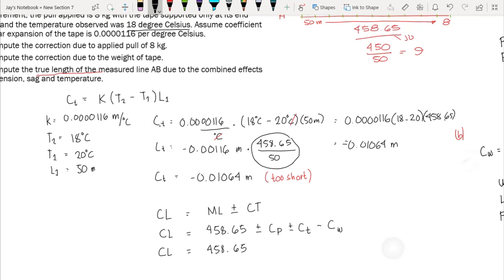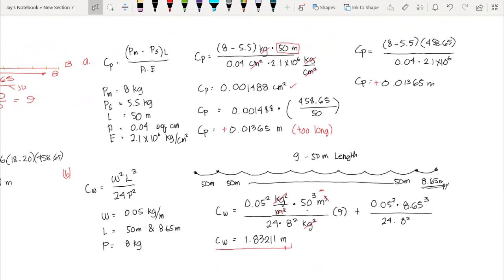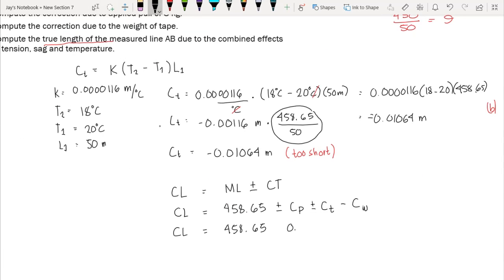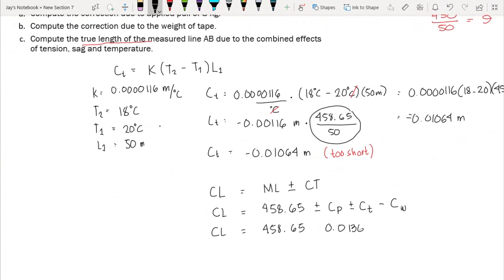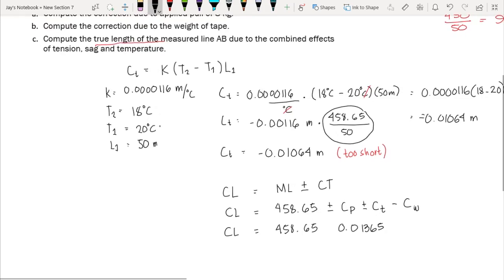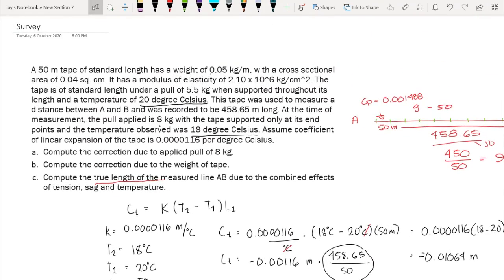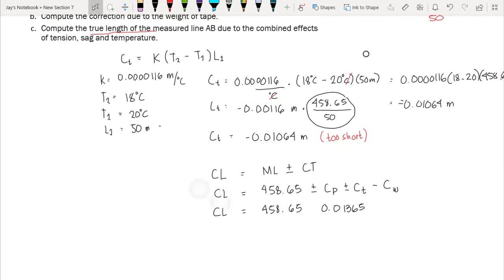So we have the corrected length is equal to 458.65. Now our CP, the correction due to the pull, is 0.01365, too long. But what would be the sign? Is it positive or negative? Now take note, our keyword here is measured, since we are measuring. So when we are measuring for too long, we add the correction.